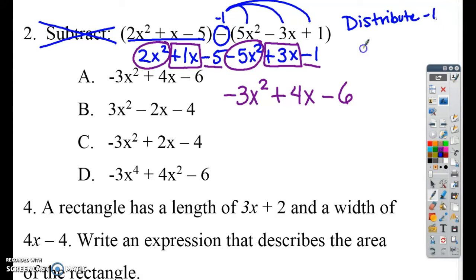And then we combine like terms. Okay, and that's how you subtract. So the answer is D. Oh no, A. See how easy you can get confused? This one has a 4 and a 2. That's not right. The answer is A.